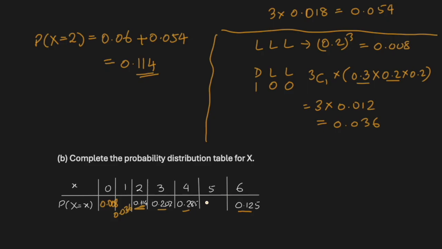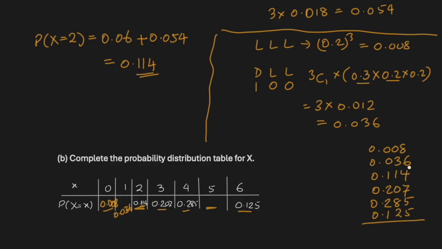So 0.036 will be here. And for 5, I don't want to calculate, because we know the sum of all of them will be 1. So I will add all of these and subtract from 1 to get the remaining part. 0.008 plus 0.036, then we have 0.114, 0.207, then 0.285, then 0.125.